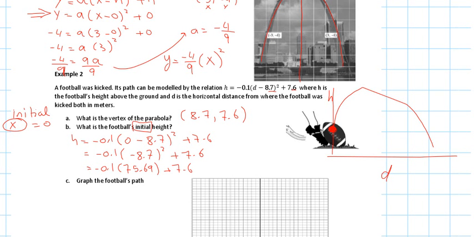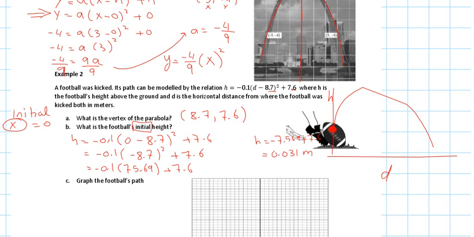Then after the exponent, I do the multiplication. So I multiply by negative 0.1. So that's negative 7.569 plus 7.6. And then to find the final answer, I add these two. And I know that the height of the football is 0.031 meter.